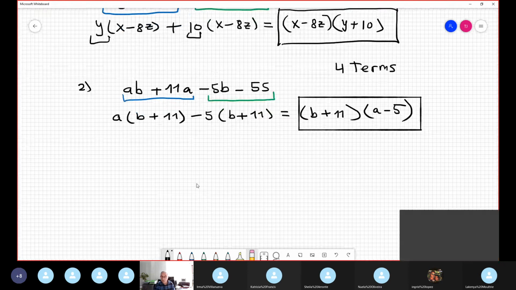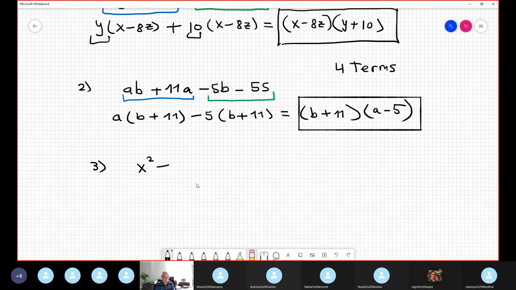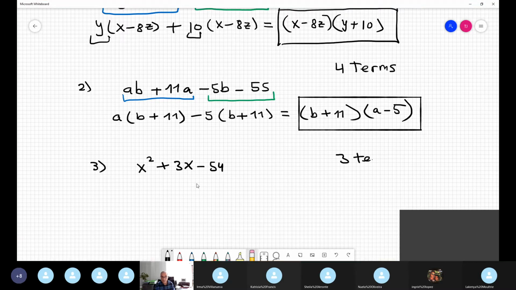Okay, let's go to the part you like so much: the trinomial part. This is x squared plus 3x minus 54. Is this regular, complicated, or perfect square? Classification: trinomial, 3 terms, irregular.